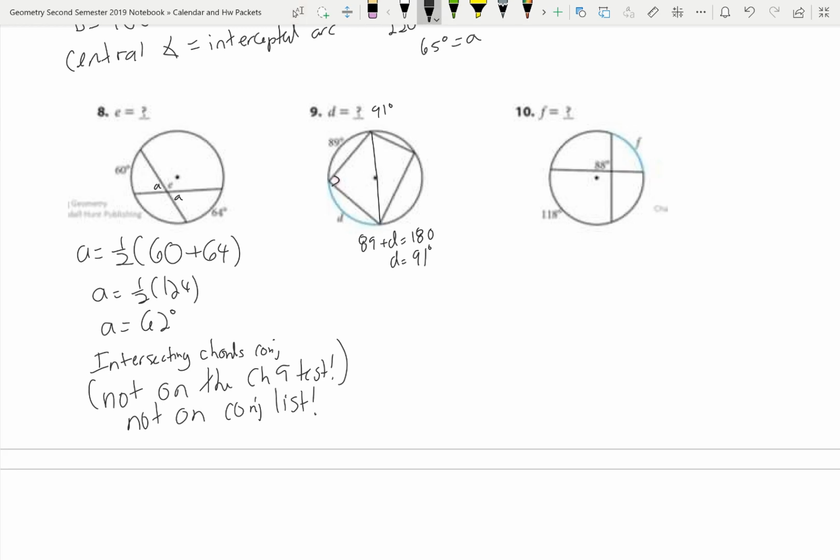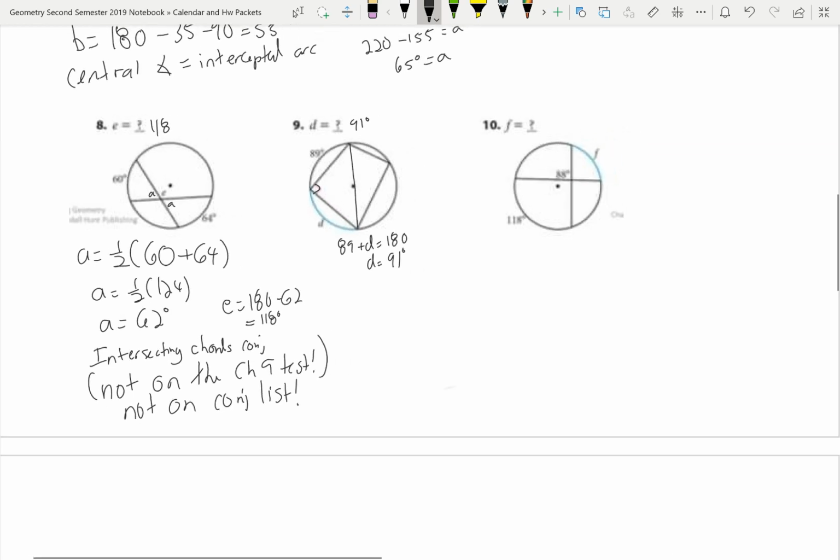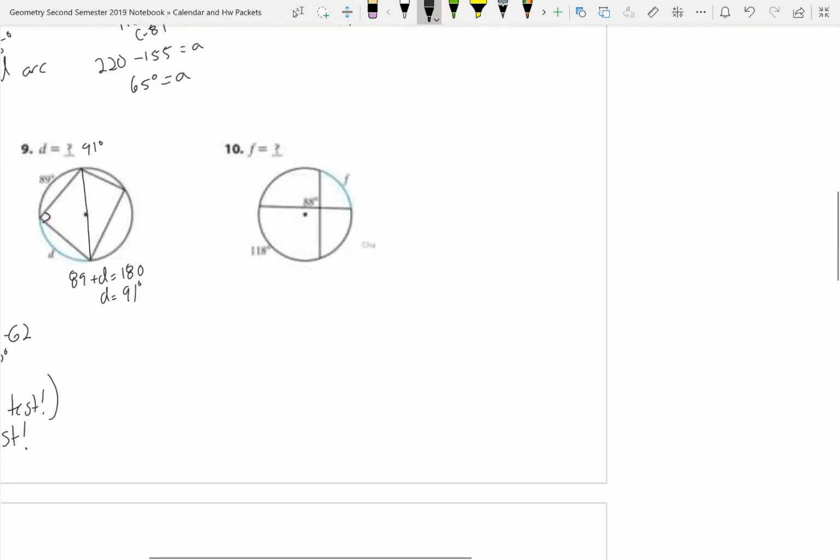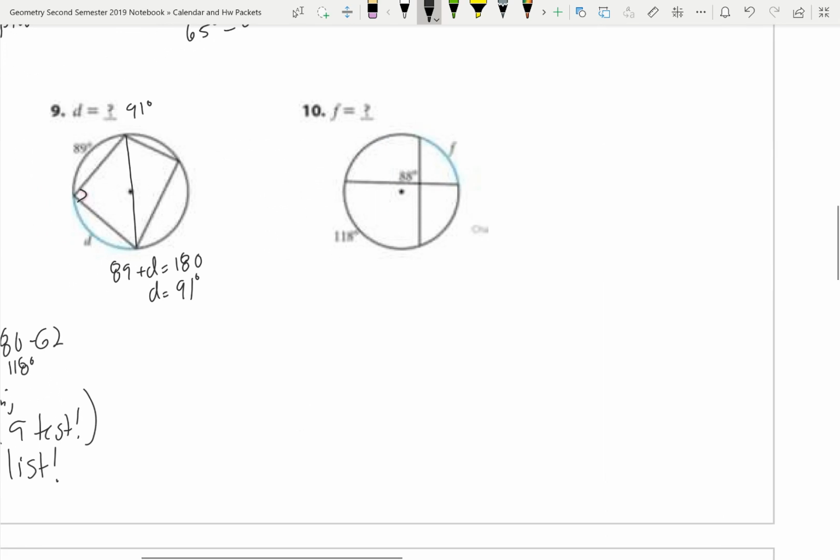With A, I didn't finish it, though. Okay, so E is 180 minus 62, which is 118 because of linear pair. Okay. So 89 plus D equals 180. D equals 91.